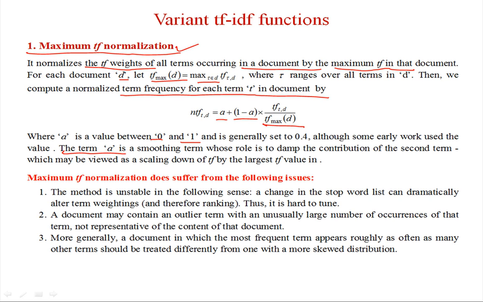The term a is a smoothing term whose role is to dampen the contribution of the second term, which may be viewed as scaling down the TF by the largest frequency value. Such a division normalizes the term frequency so that it lies between 0 and 1.